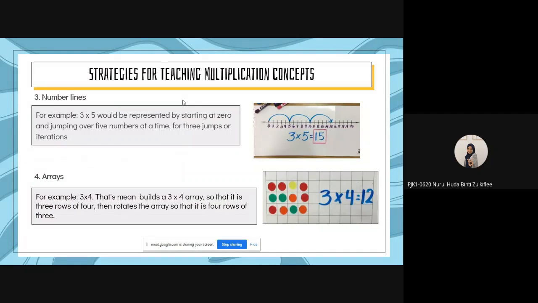The third strategy is number line. For example, 3 multiplied by 5 would be represented by starting at 0 and jumping over 5 numbers at a time for 3 jumps or iterations. So the teacher can use this number line to show how repeated addition is actually skip counting on the number line.